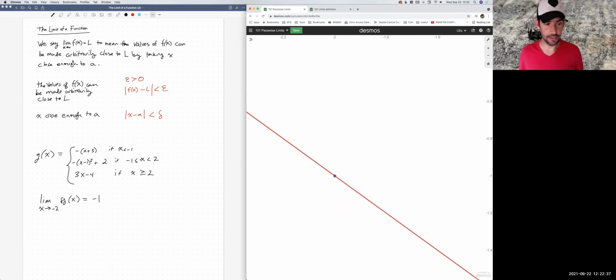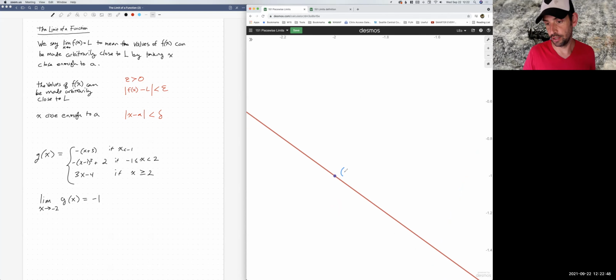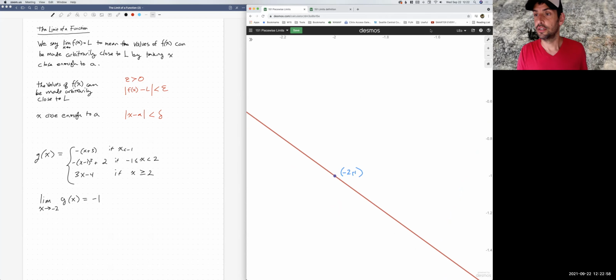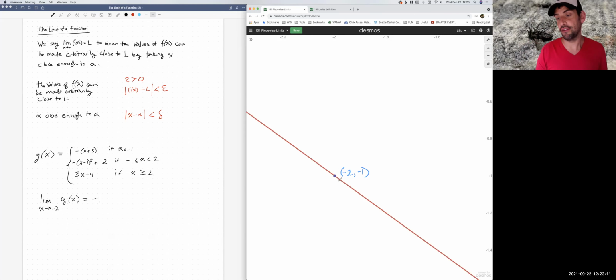What I'm saying when I make this claim is that if somebody else presents a challenge to me and says, here's my point, -2, -1, and they say, I want you to ensure that the difference between the value of the function, the y value, stays close.